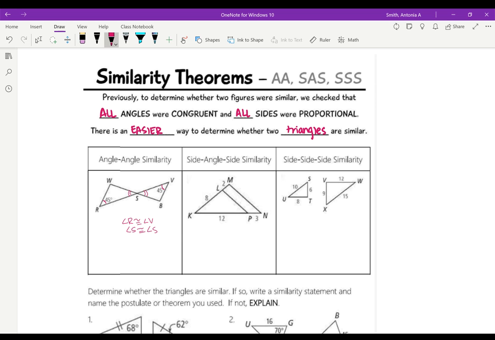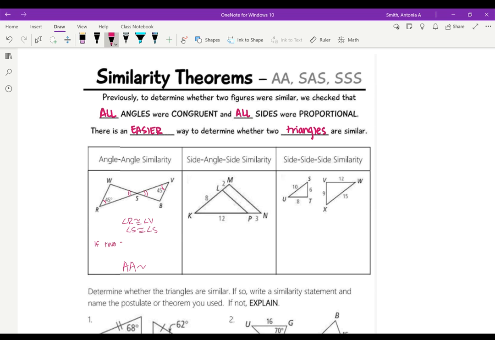So this is why we have angle, angle. I'm going to abbreviate this. Angle, angle similarity, and we use that little similar symbol. Okay. So what does angle, angle similarity say?